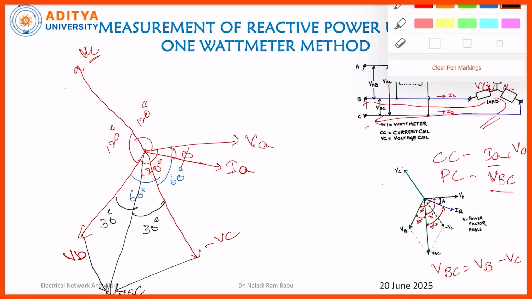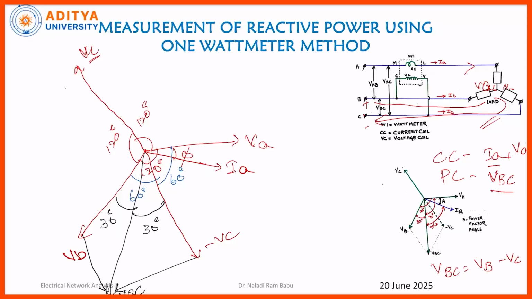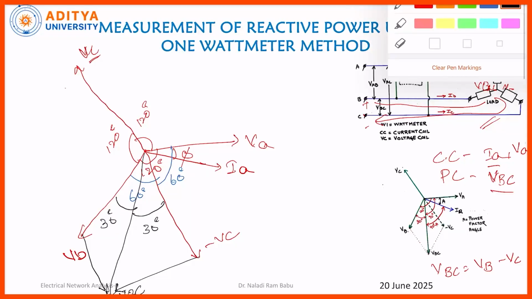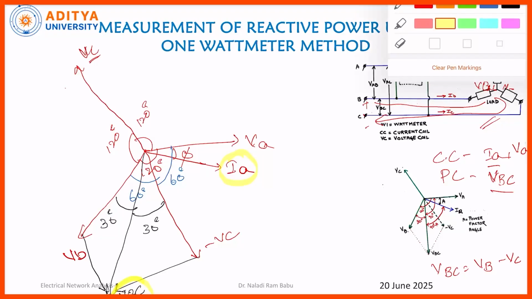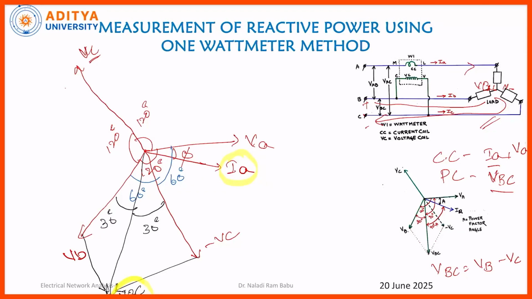But we need to establish a relationship between this VBC and IA. If you observe this carefully, from VBC to minus VC it is 30 degrees, plus minus VC to VA, 60 degrees.